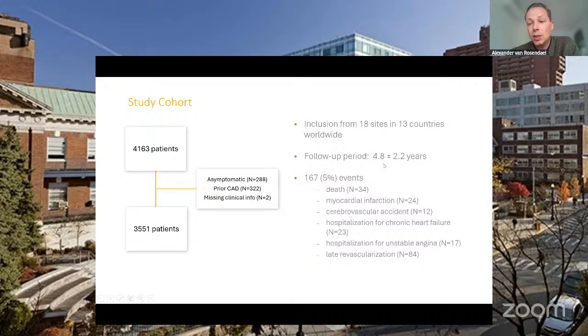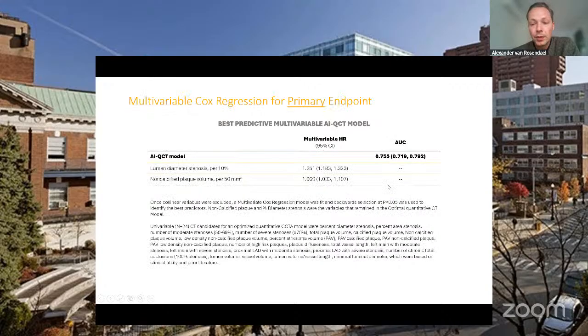The patients were followed up for an average of 5 years. And all patients, all the CT scans were evaluated by AIQCT, so automated quantitative CT. And we looked at MACE, including death, myocardial infarction, stroke, heart failure, unstable angina, and late revascularization.